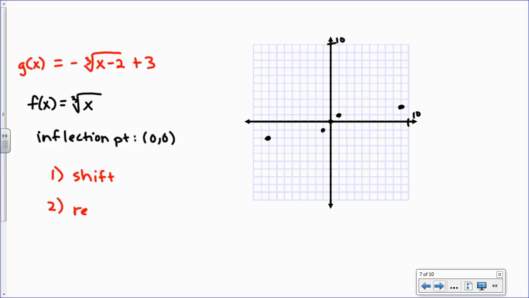Right 2. Sorry. And then I reflect over the x-axis. Okay? And then finally, up 3.